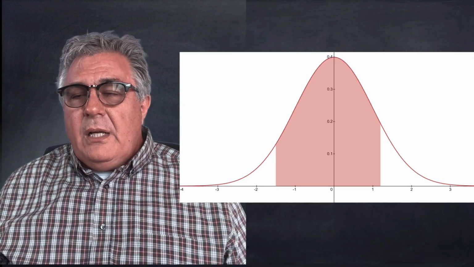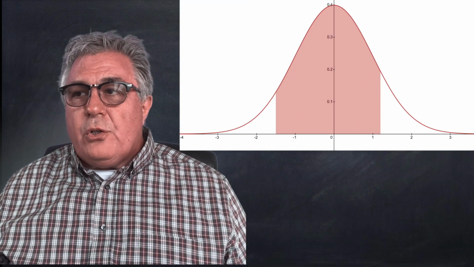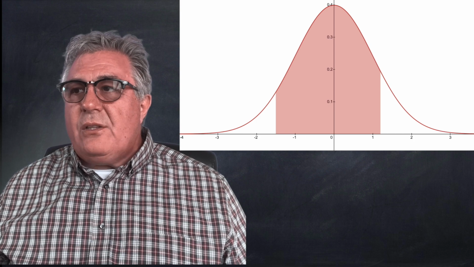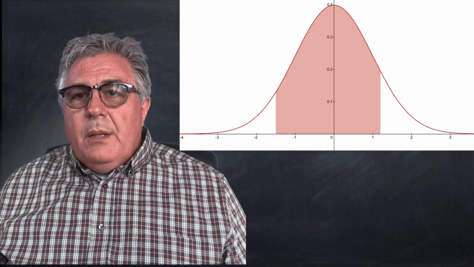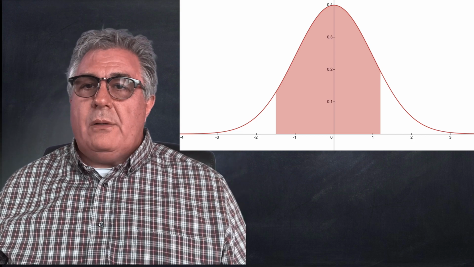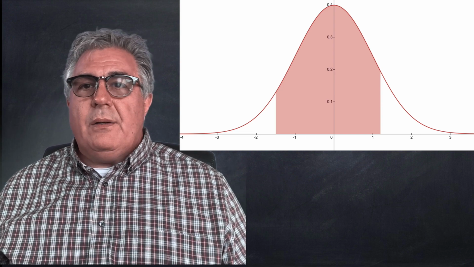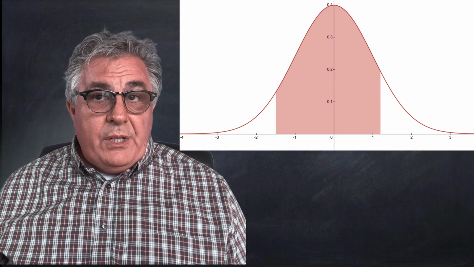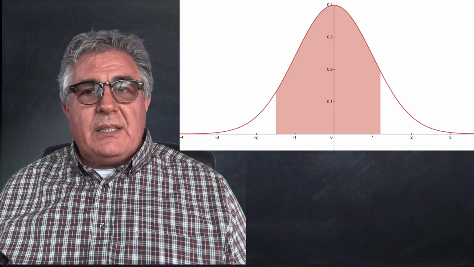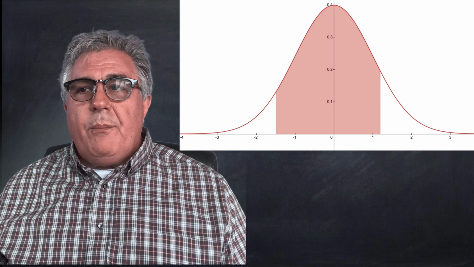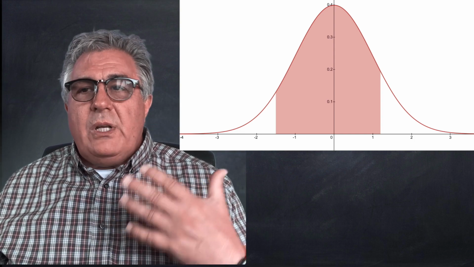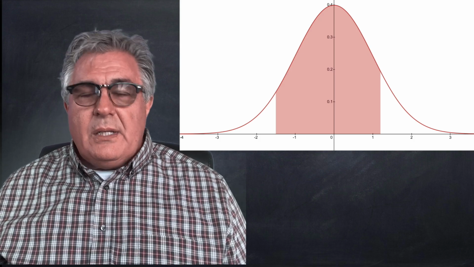And then finally, we have our last curve where this region is shaded between a lower bound and an upper bound. So in the tutorial videos that I have with the technologies, we will actually talk about how we compute these areas. And these areas then will translate into probabilities.